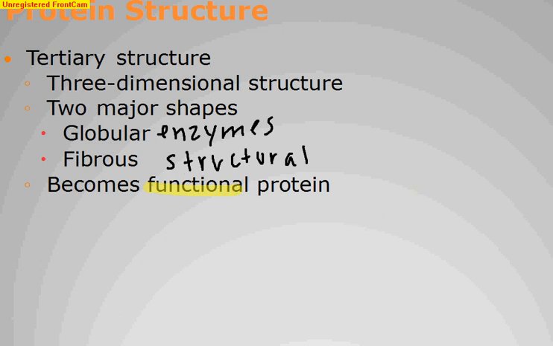When I say functional, referring to enzymes, those are ones that are doing or catalyzing reactions, either helping to build, helping to break. But a fully functional protein can be either globular or fibrous, and that does dictate the ultimate job of the protein. Is it speeding up reactions, or is it providing support within the cell?